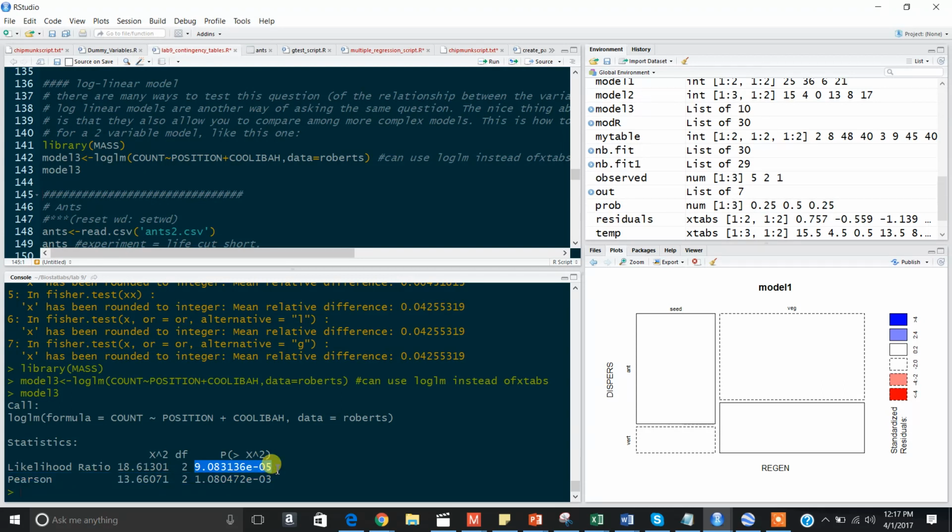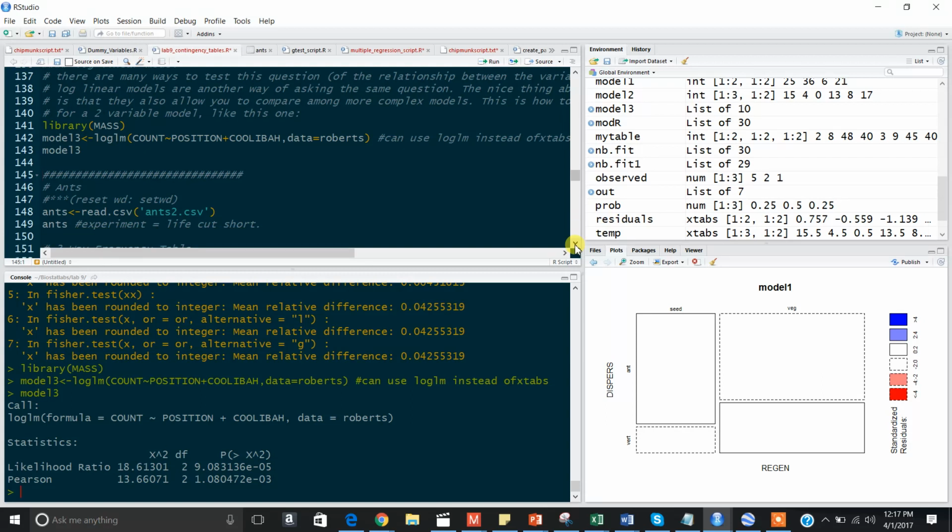Okay, so we get a p-value that is significant. It is way less than 0.05. So we reject the null hypothesis because there is an association, and the variables are not independent. So that's how we use log linear.